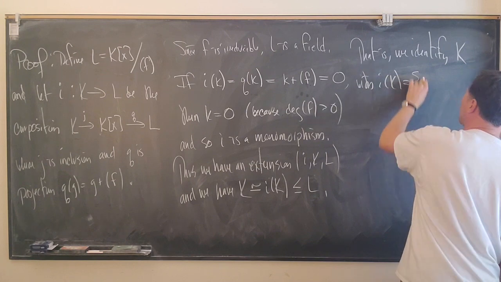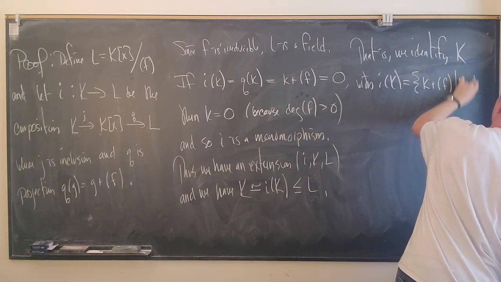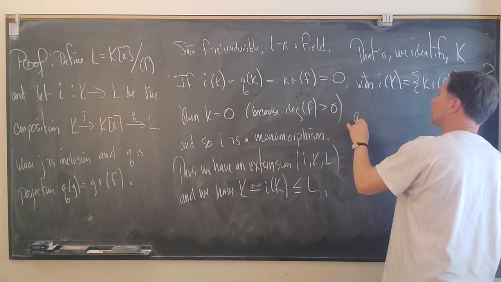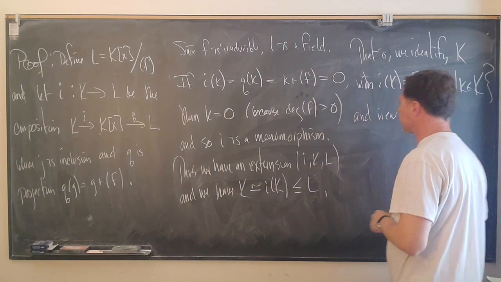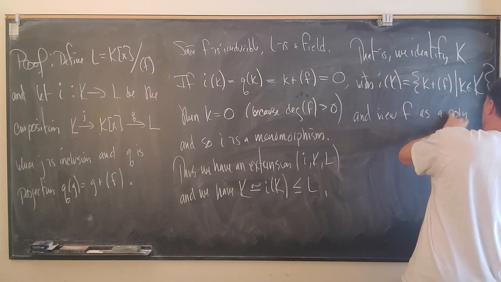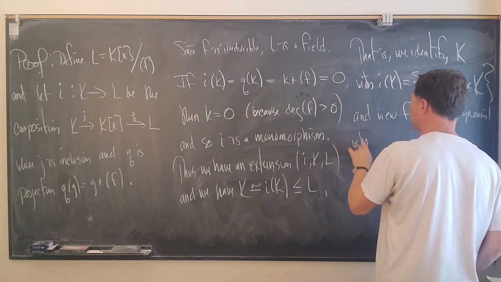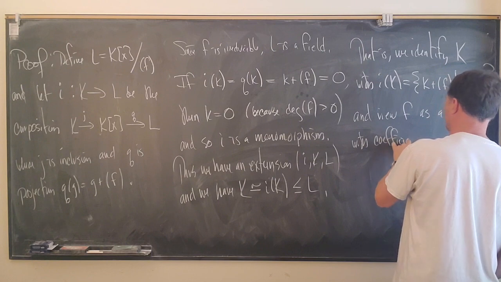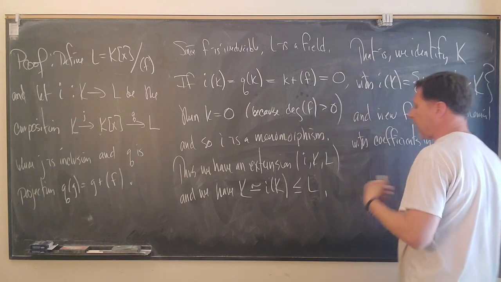Well, it's things of this form: constant polynomial plus the ideal generated by f, and view f as a polynomial with coefficients in I of k rather than k.